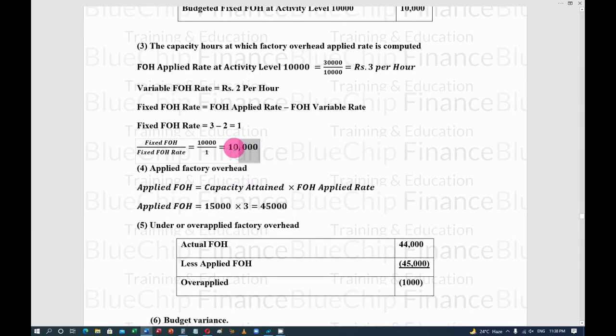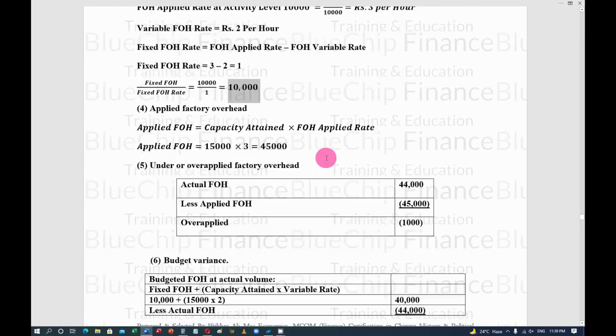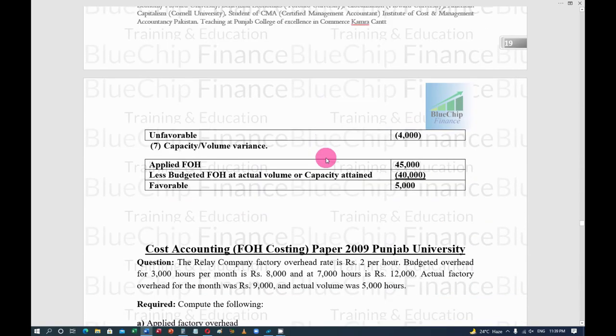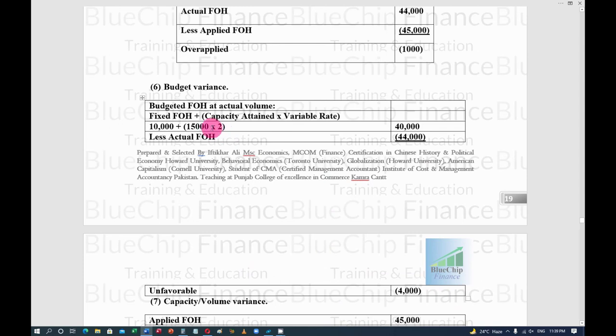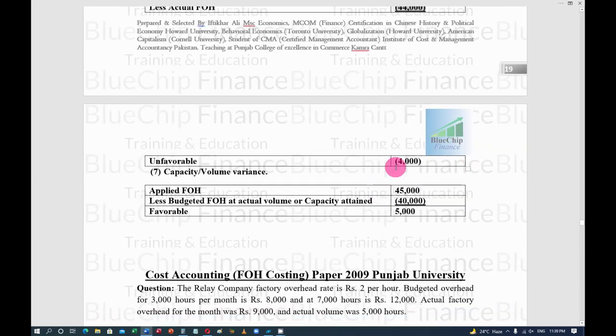Total FOH is 30,000, variable rate is 2, so 10,000 is your fixed FOH. So 10,000 plus capacity attained, 15,000, multiplied by variable rate 2 equals 40,000. Actual FOH given in the data is 44,000, so the variance is minus 4,000, which is unfavorable.